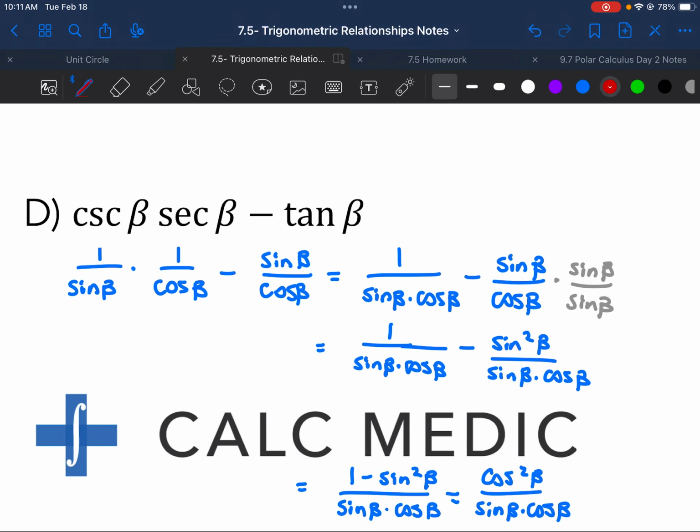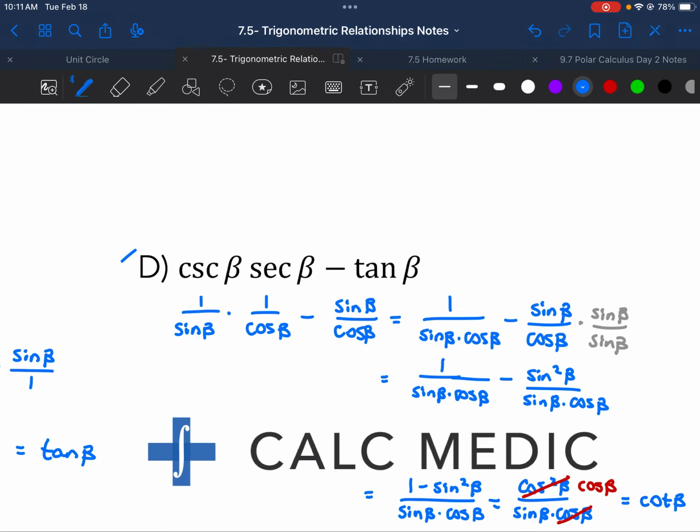And notice cosine squared means there's 2 cosine betas. So this cosine beta is going to cancel with one of the 2 on top. Now we have cosine beta over sine beta, which is equal to cotangent of beta. So this one also worked.